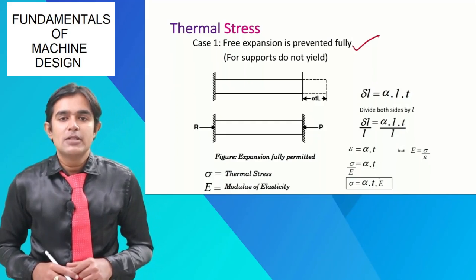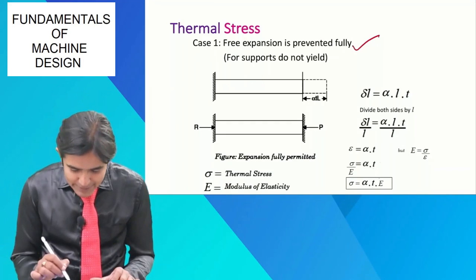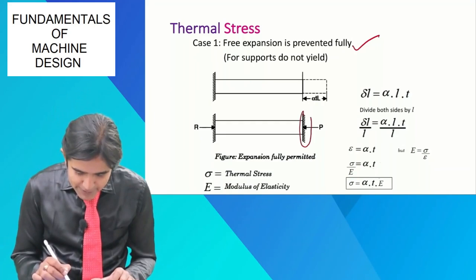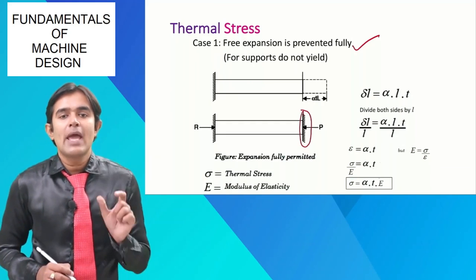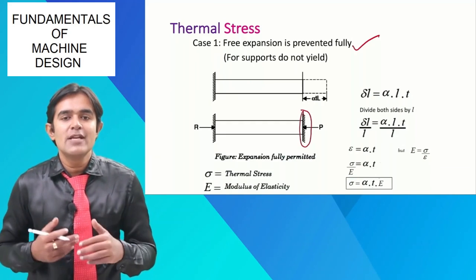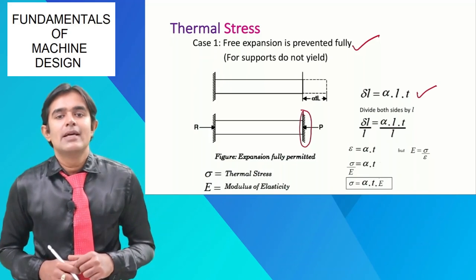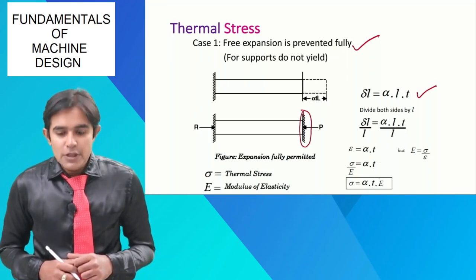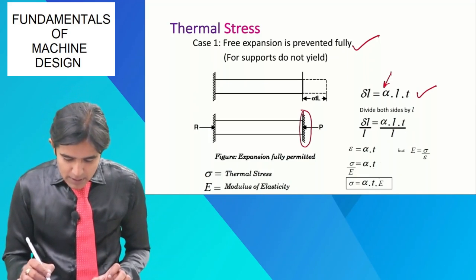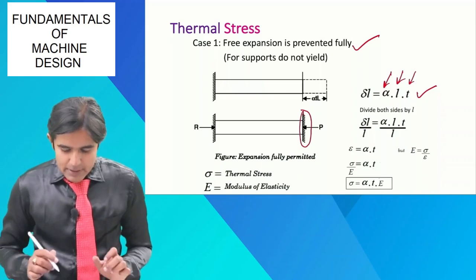Free expansion is prevented fully. You can see here the expansion is prevented fully, right? There is no gap for expansion of the bar due to change in temperature. Now, in previous slides we have discussed delta L equals coefficient of expansion alpha, length and temperature.